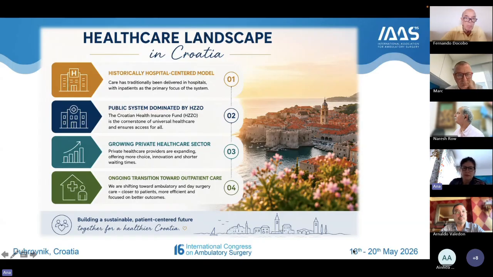The public system is dominated by the Croatian Health Insurance Fund, but since we are quite an old population, we have long waiting lists, and that gave the opportunity to the private sector to grow. So along with the development of the private sector, also the public system and the public centers realized that we also have to shift toward ambulatory and day surgery care.